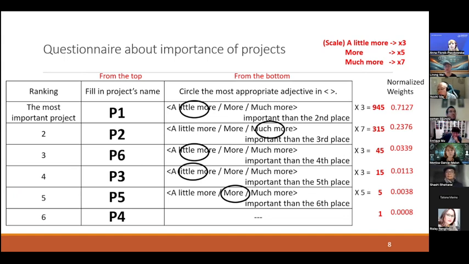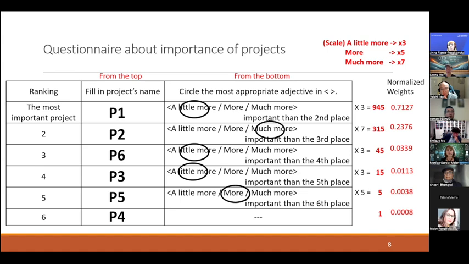How to explain that, for example, if you apply for some project and if you publish your paper, you need to explain your results. So how to explain this kind of meaning, the huge differences between one element and the other? Basically, Saaty's fundamental scale is 3, 5, 7.